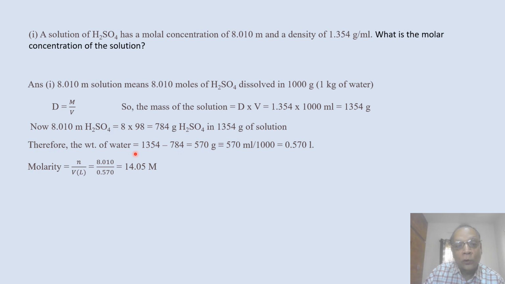Therefore, the weight of water is mass of solution minus the mass of the solute, which is 570 grams, roughly 570 ml. Divided by 1000 to convert it into liter, which is 0.570 liter, about half a liter.